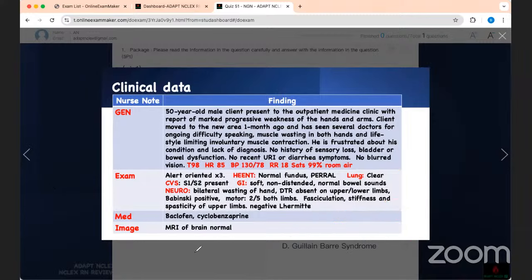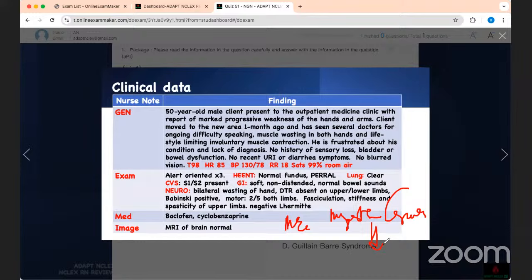It cannot be myasthenia gravis because for myasthenia gravis, what are you looking for, guys? There is a big word. ADAPT NCLEX will teach you buzzwords. It's called weakness throughout the day.